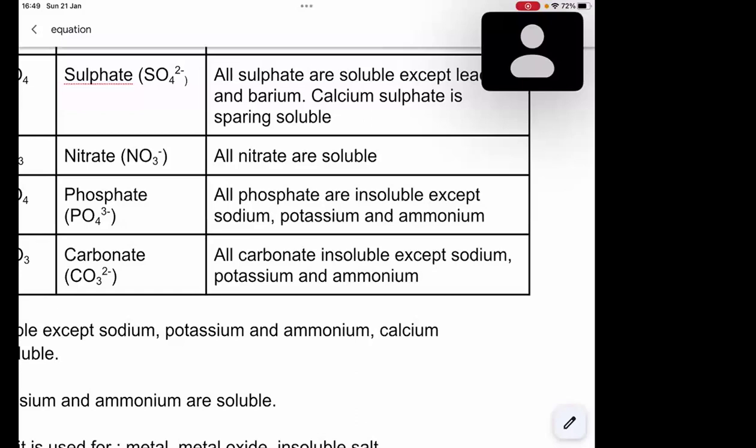All carbonates, for example calcium carbonate, iron 2 carbonate, iron 3 carbonate, lead carbonate, magnesium carbonate, those carbonates are insoluble. So if we have them in an equation, we are going to use the symbol S. So we're finished with S. Are we clear when we use S?